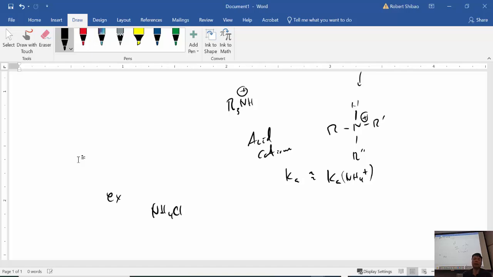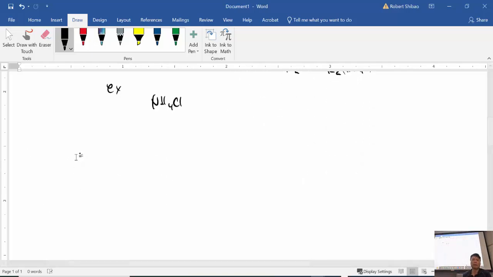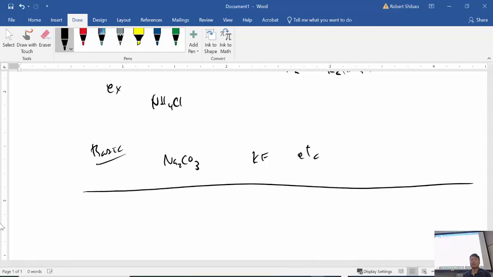And then we had basic ones. For the basic ones, we just look at the chart over there. And so the basic one would be like sodium carbonate, or potassium fluoride, etc. But in chapter 17, we're going to deal with more complicated salts.